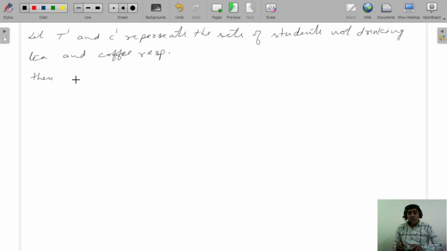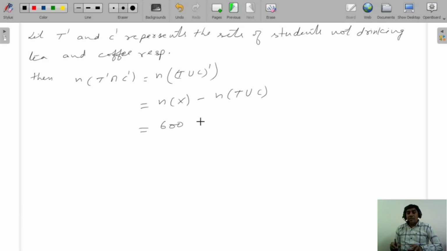Then n of T complement intersection C complement is equal to n of T union C its complement, which is equal to n of X minus n of T union C, which is equal to 600 minus 275 is equal to 325.